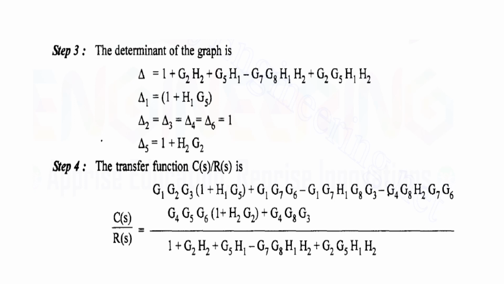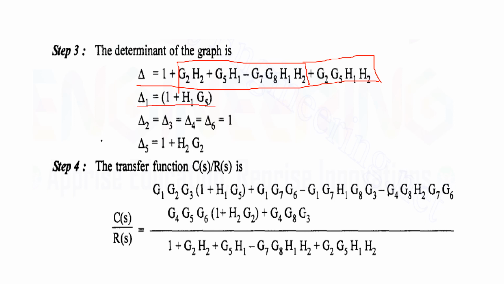So I am determining the delta value using the formula as 1 minus summation of all the loop gains. So this is the summation of the 3 loop gains, which is added with the gain of 1 non-touching loop. And we have 1 forward path.